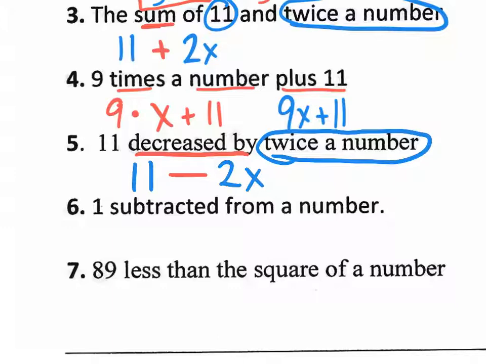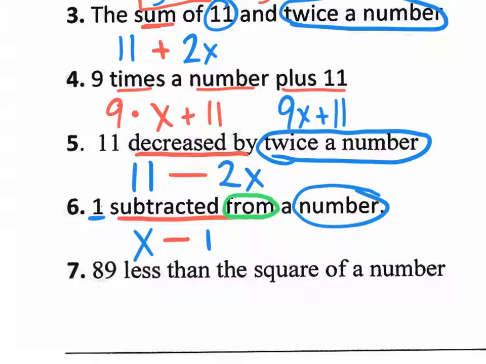Number 6. 1 subtracted from. What does subtracted from imply? A switch in the order. Yeah, subtracted, you're subtracting. But the word from, this guy right here, guys, when it says subtracted from, that implies a switch. So you're going to take this 1 and put it over here, and you're going to take this number and put it over here.